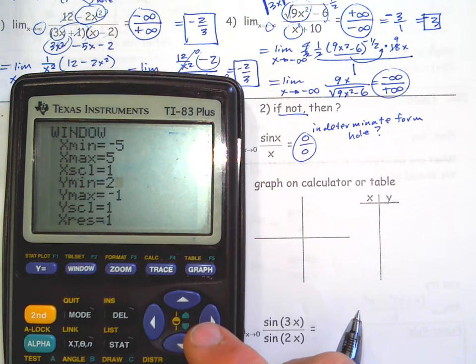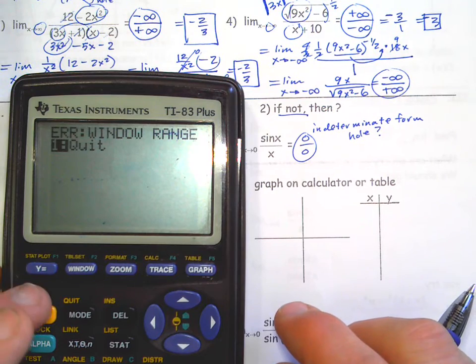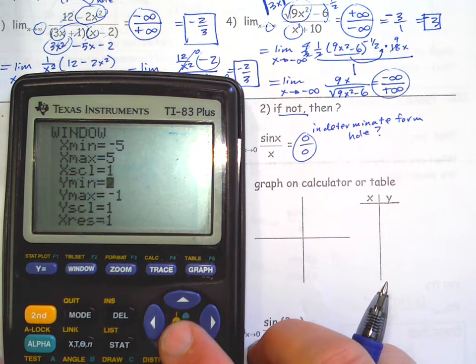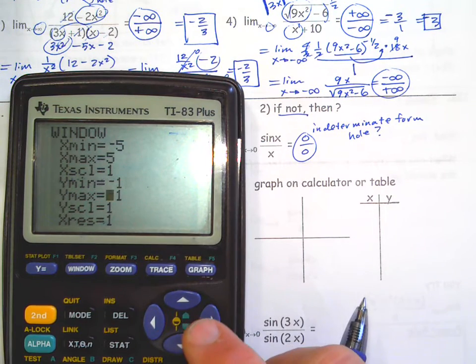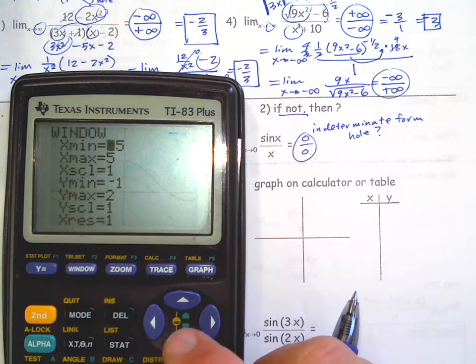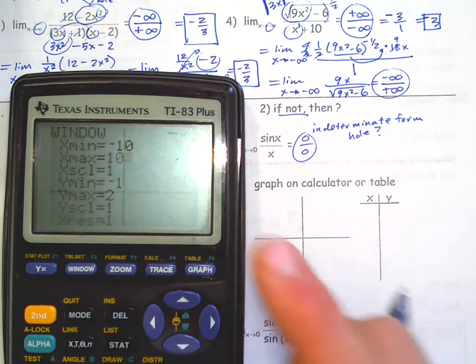I'm going to go -1 to 2, -5 to 5. Let's try that. Oops, doesn't like my window. X min -5, X max 5. Y min is -1. Y max is 2. I mixed up. So here's a graph. And we could even, here, let's go -10 to 10.